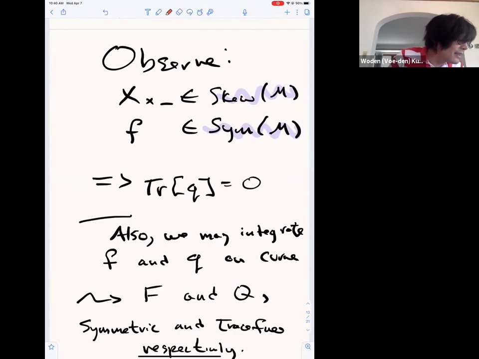And this actually means that the trace is 0 for this operator Q. You can do this computation computationally, but the slick argument is that trace is an inner product on the space of matrices, and the skew and the symmetric matrices are orthogonal with respect to that inner product.